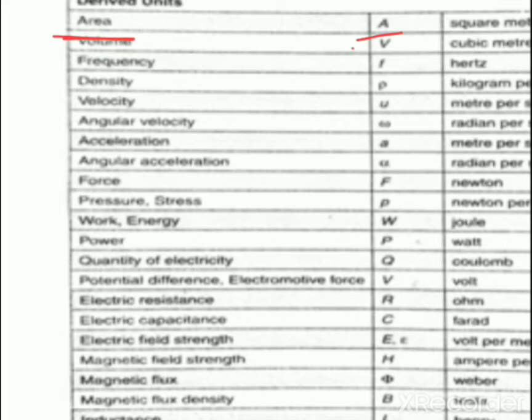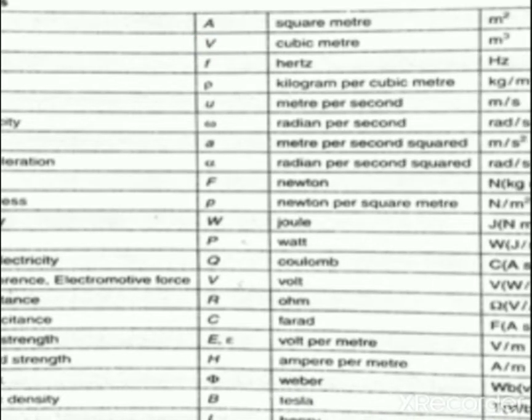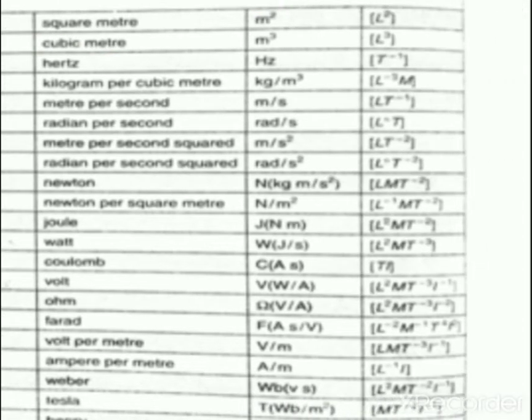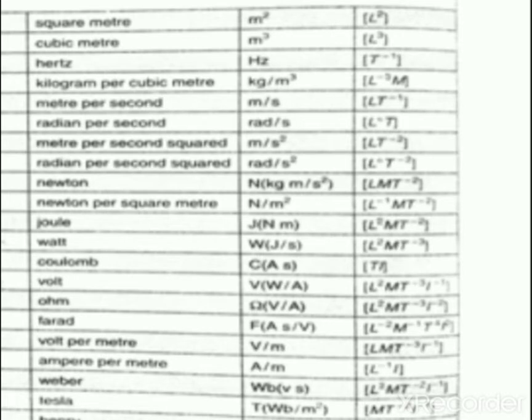The symbol of area is capital A. Then its unit is square meter, or we can write it as meter square. This is the unit symbol, here it is given. And the dimension of this area is L square in square brackets.